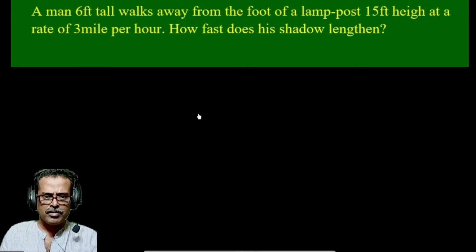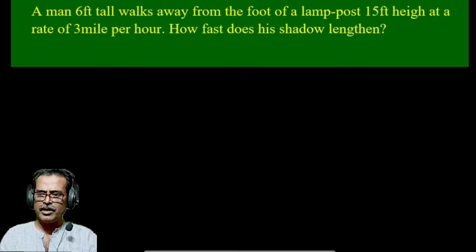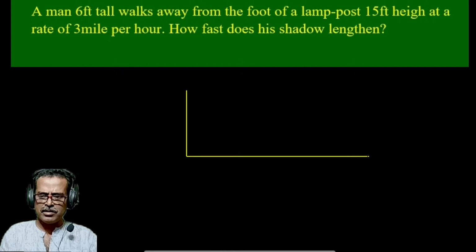A man 6 feet tall walks away from the foot of a lamppost 15 feet high at the rate of 3 miles per hour. How fast does his shadow lengthen? Okay. Suppose this is a lamppost and this is the horizontal plane.